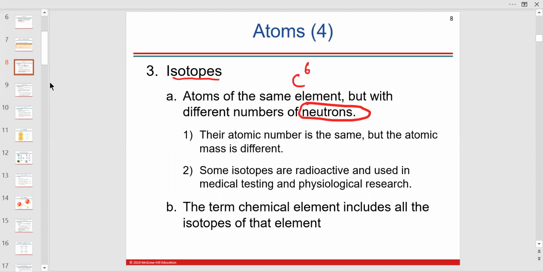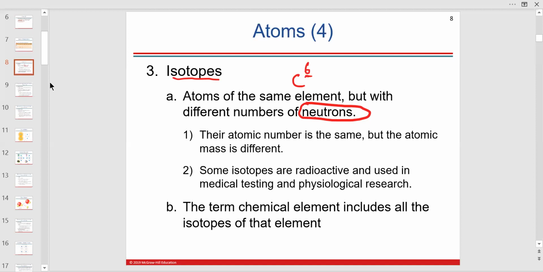If it were the normally stable carbon 6, which is carbon 12, the atomic mass would be 12. So how many neutrons would carbon 12 have? Anybody with me on that? 6, right? Because you're just adding the protons and neutrons.